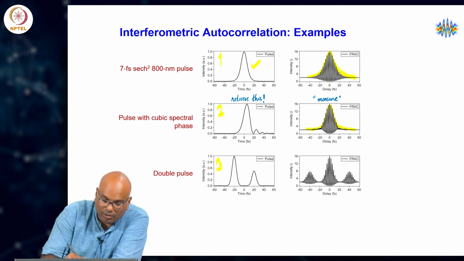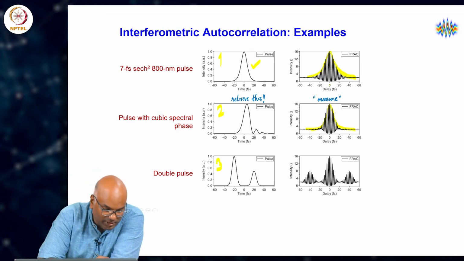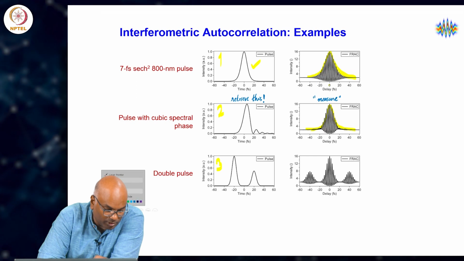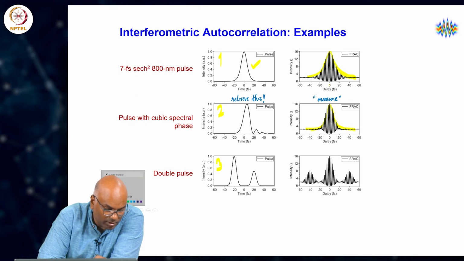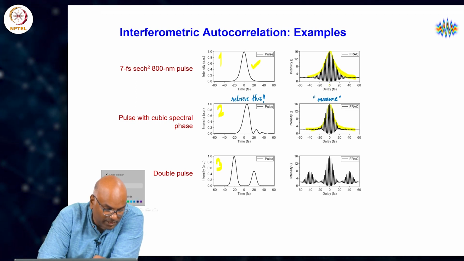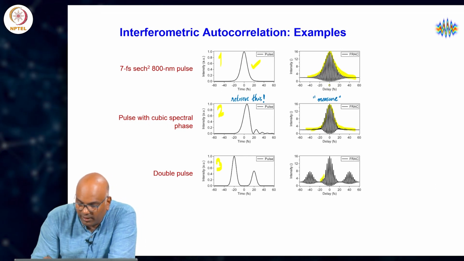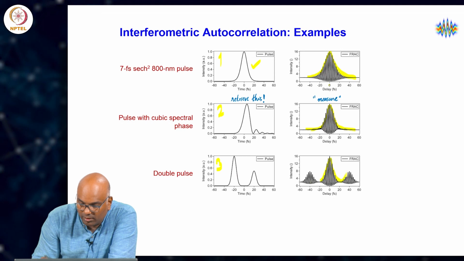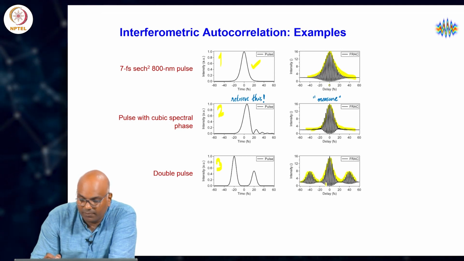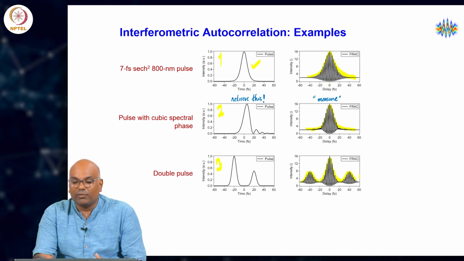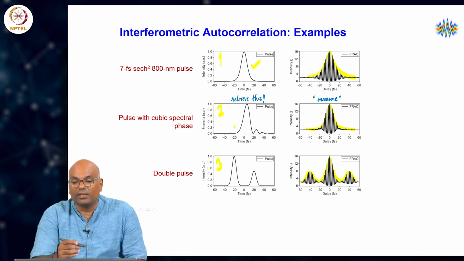The third scenario has two pulses, some double pulsing going on in the laser, for whatever reason. Here I get a triple lobed structure. This we can distinguish from cases 1 and 2.